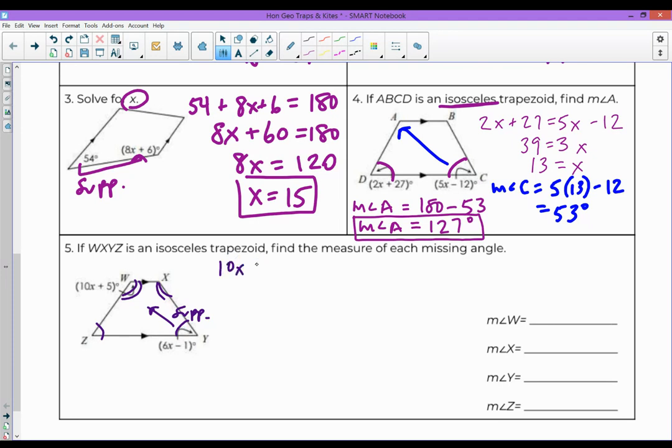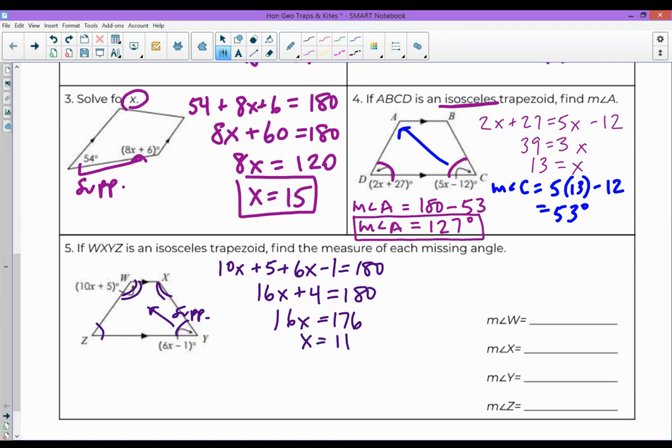So I have 10x plus 5 plus 6x minus 1 equals 180. I'll combine like terms. Now I will subtract 4 on both sides. So I have 16x equals 176. Divide both sides by 16.